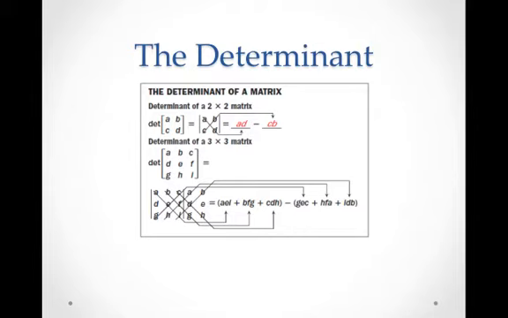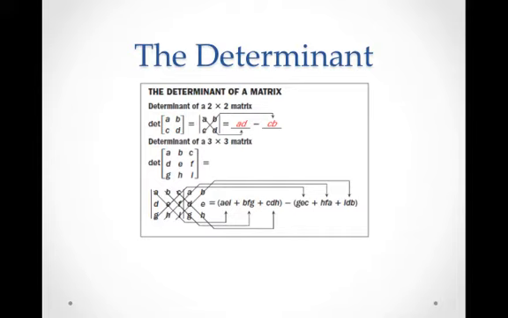Now, for a 3x3, you're going to have to actually extend what you see in the matrix. So we've got the determinant of A, B, C, D, E, F, G, H, I. You put those elements in just the straight bars, and then you copy the first two columns again. To the right of the second bar, I've got A, D, G as a column, and then B, E, H. And then it's real easy to do.